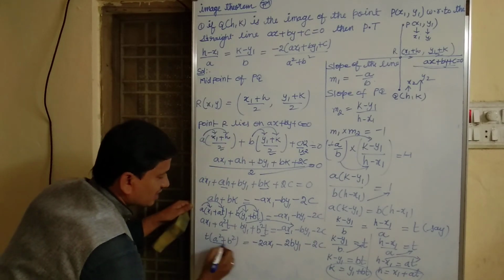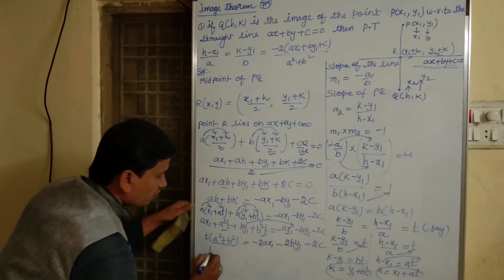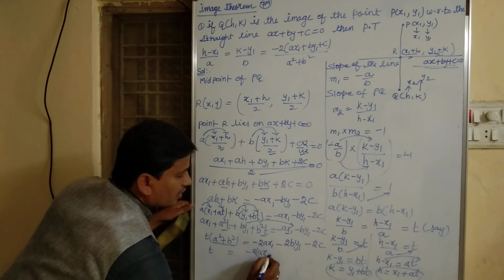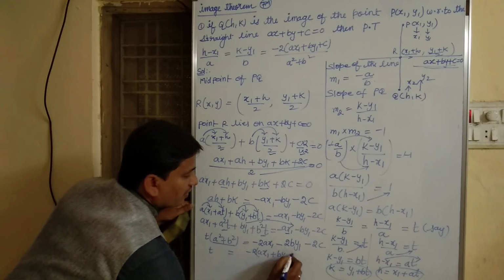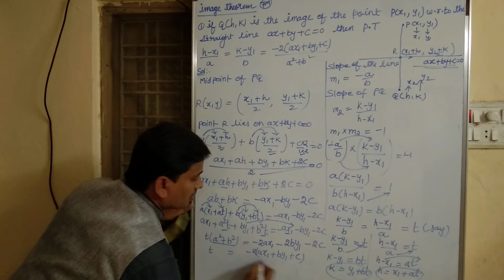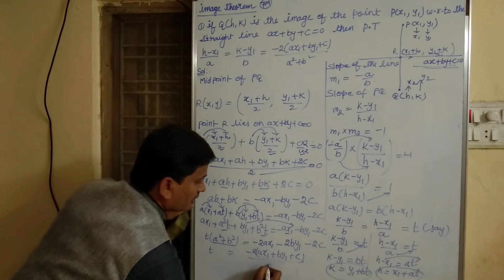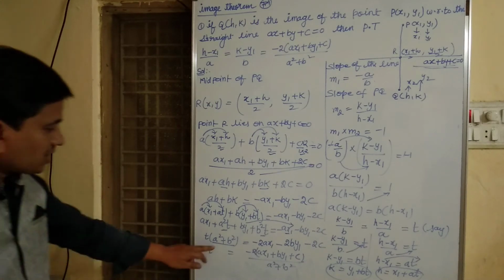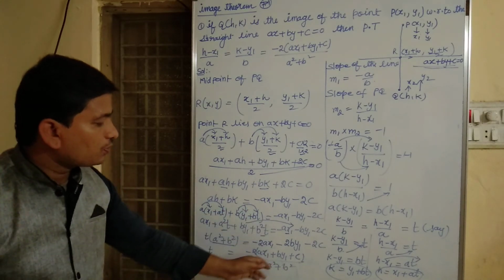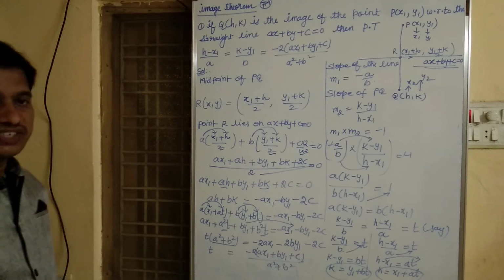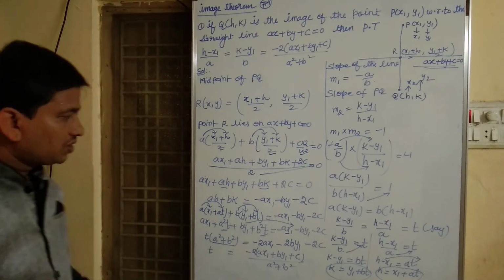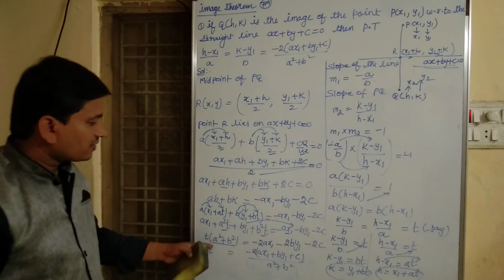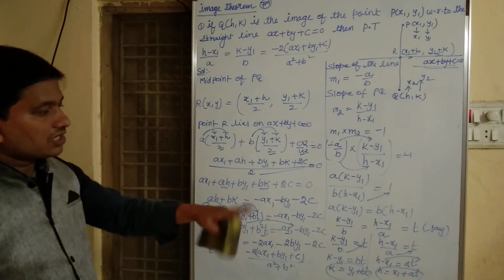Here, as a square plus b square is multiplying, if you transpose, if you take minus 2 as common, it will become ax1 plus by1 plus c by a square plus b square. Right? Here a square plus b square is multiplying. If you transpose, it will become division. Right? A square plus b square. Children, what do you mean by t, children? We consider h minus x1 by a equal to k minus y1 by b.